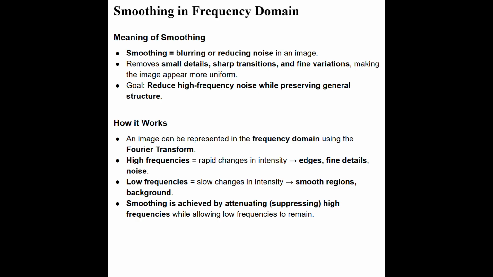If there are fine variations, how can I discard them so that the overall image appearance looks more uniform? The goal of smoothing is to reduce the high frequency noise that is present while preserving the general structure of the image.